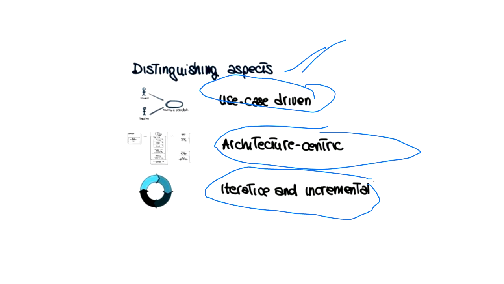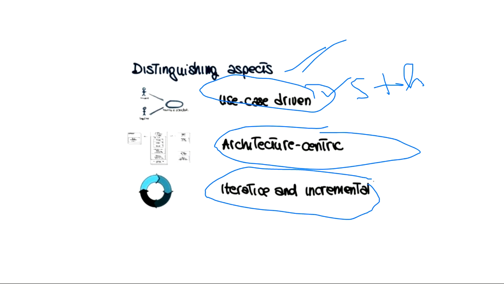First, use case driven means whatever you are trying to do in your software will be user centric. Whatever the main requirement of the user is, that requirement will be focused on. For example, suppose the user said, I need this hardware and software combination.